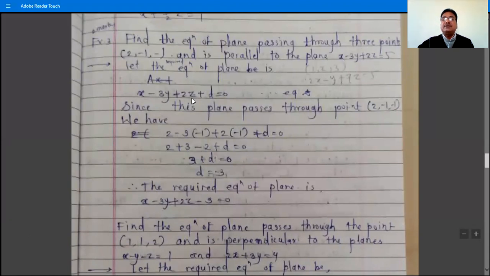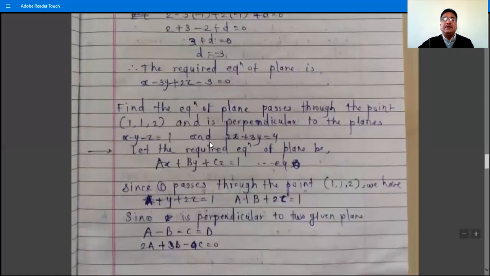So take its equation as x minus 3y plus 2z, that is the coefficients of the terms of x, y, z similar, plus d, the constant, is equal to 0, and just find the value of d by using the fact that this point lies on the plane. We have d as minus 3. So the same type of problem we will see in the next lecture.